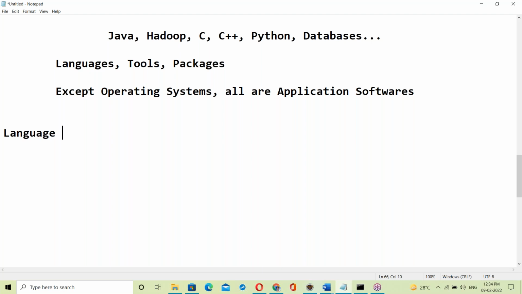Java, instead of saying backend language, we can say server side language. Java is a server side programming language. That is the best way to say it.